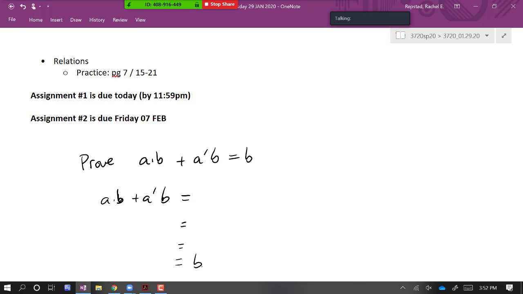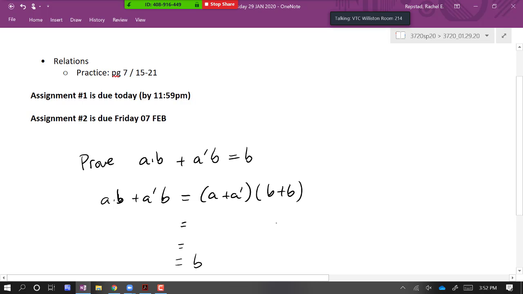The distributive. So the distributive, and what would we get there? It's (A plus A') times B. Just times B, right, because distributive is sort of the distributive property in reverse.